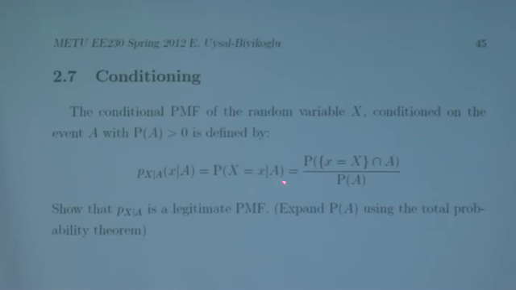In other words, using the definition of conditional probability, this is the probability that X is equal to x and A happens, divided by the probability of A. I think this will be really clear after doing some examples.